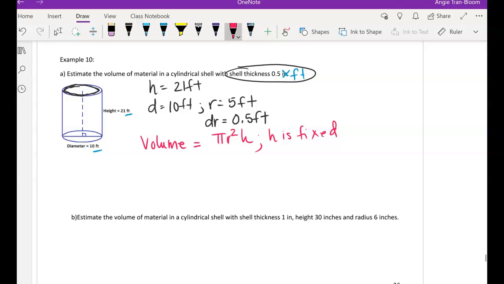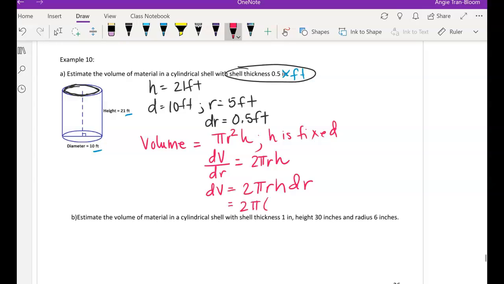So the next step is to find the change in volume with respect to the variable, which is r, since the height is fixed. So we do the derivative, 2 pi r times h. Since this is to estimate the volume, we are going to solve for dV, which is 2 pi r times h times dr.